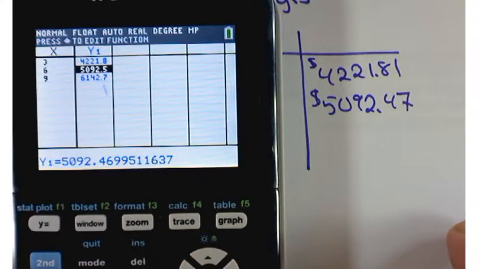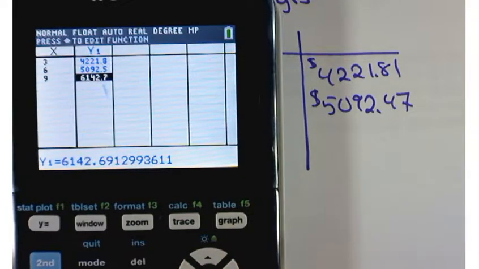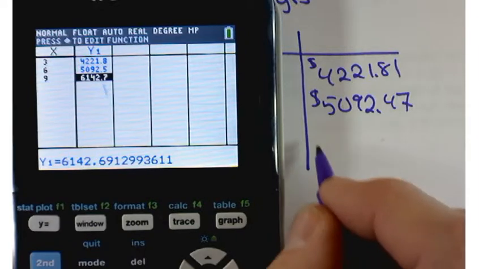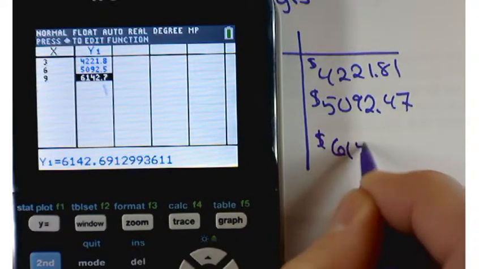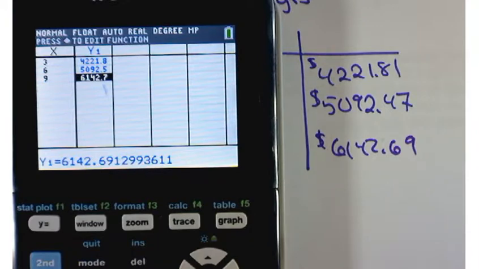And the last one is going to round to 6142.69. Now you don't have to do it with a table. I just found it convenient to enter this expression once and then just type in the numbers 3 different times.